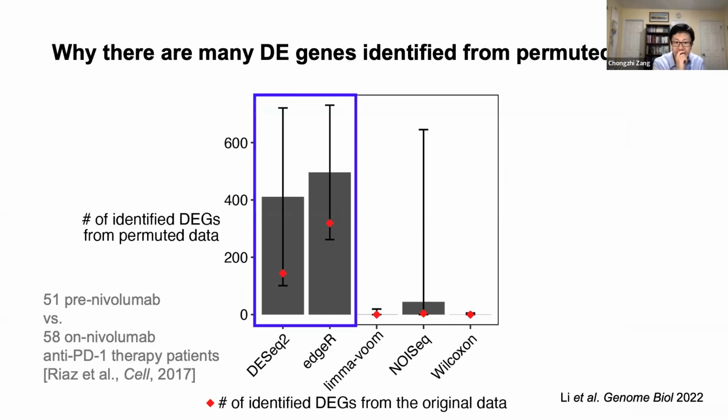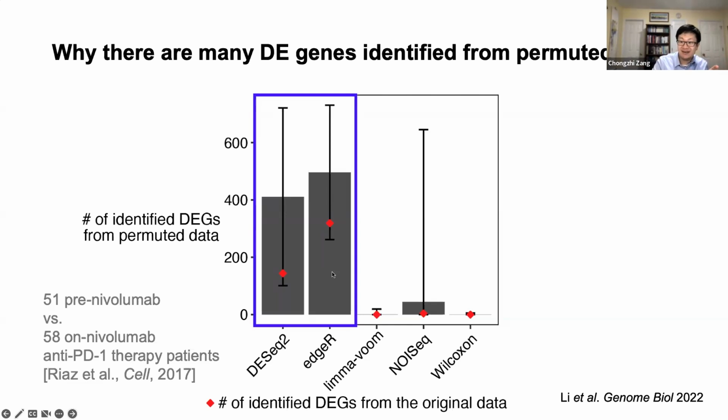But even if they just randomly permuted the samples, say treatment versus control, in this randomly permuted data, where we already destroyed the relations between different conditions, disease or treatment versus non-treatment, we should not expect to observe any differentially expressed genes anymore. But in many of these data sets, they still observed a huge number of differentially expressed genes.